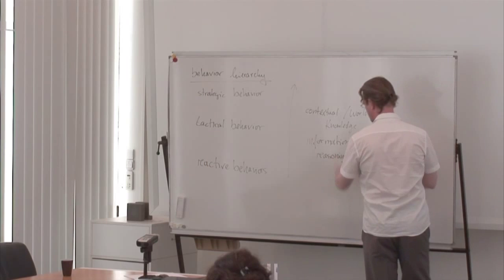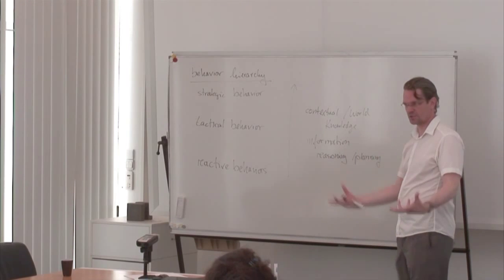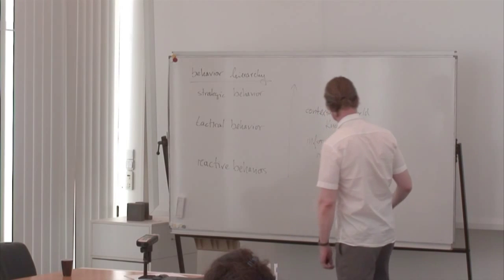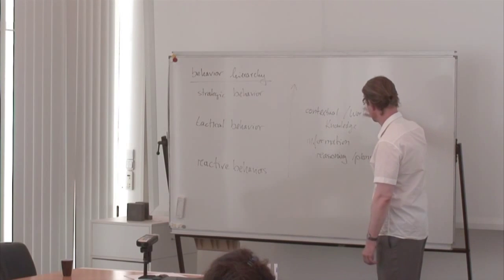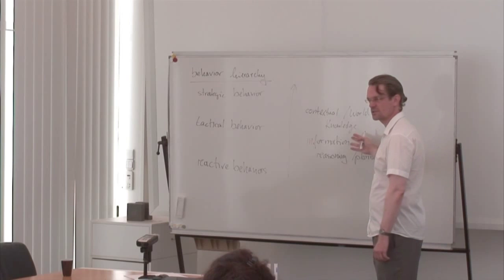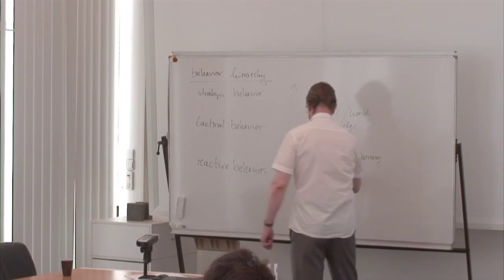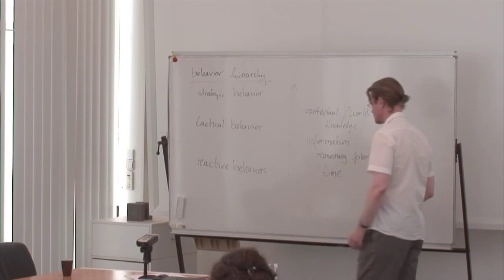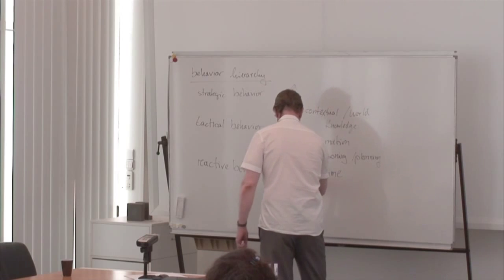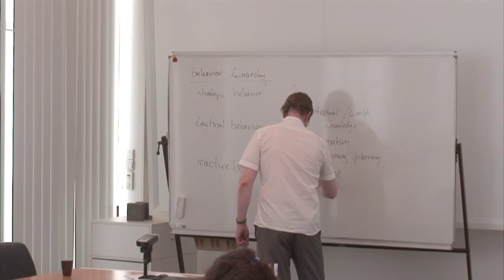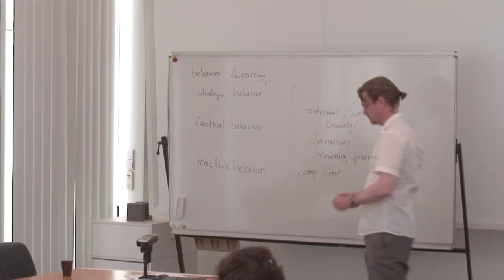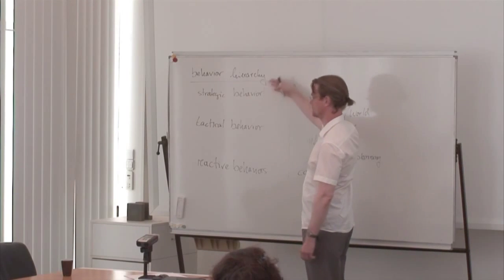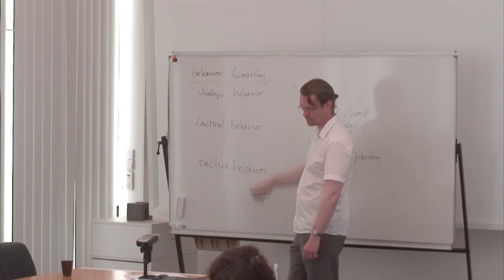These are very difficult problems from the point of view of computational intelligence. And of course, the more knowledge processing and information processing there's going on, the more time it will take to actually realize these things. So also the computation time will go up from the level of reactive behaviors over the level of tactical behaviors towards the strategic behaviors.